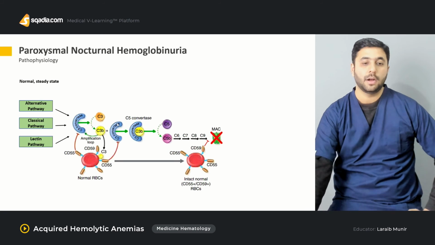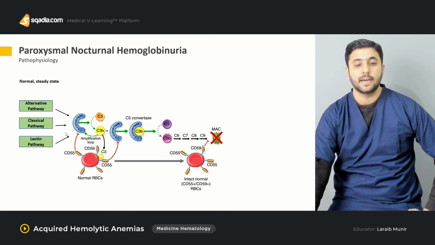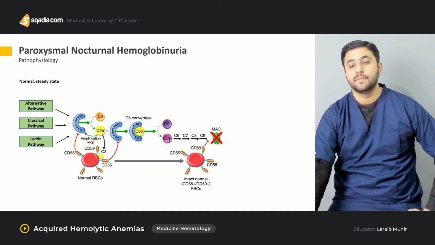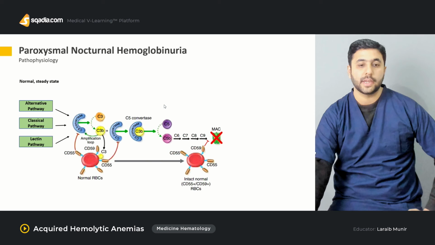It has all the pathways, the alternative, classical, and lectin pathways, leading to the C3 convertase, which activates C3 converting into C3b and C3a. And further onwards, this leads to the formation of C5b, leading to the formation of MAC, or the membrane attack complex, which has C5b to C6, 7, 8, 9 involvement. This membrane attack complex and these types of complement target the RBC specifically in acidotic conditions.